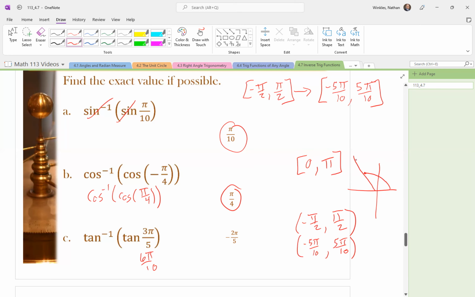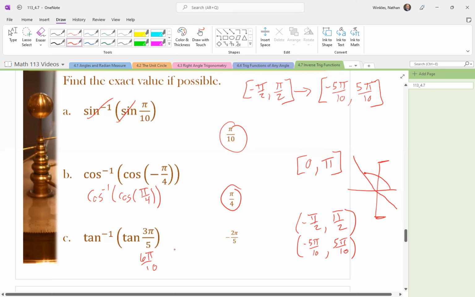So that angle goes outside of the interval because I can only include the first and fourth quadrant. However, if I think about this line, I could subtract π.